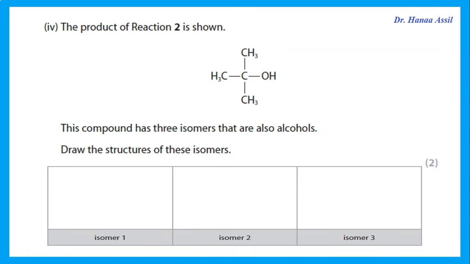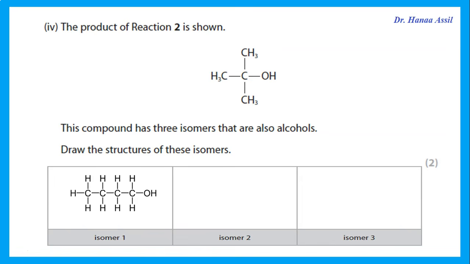The product of reaction 2 is this. This compound has 3 isomers that are alcohols. This is an alcohol with 4 carbons. How can we draw different isomers in which I have 4 carbons and an OH? He's not specifying what type of structure, so it could be skeletal or it could be displayed.